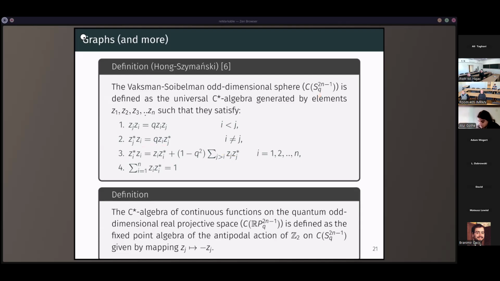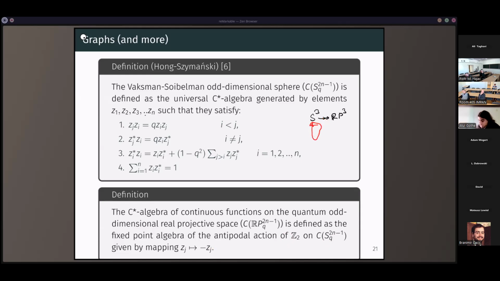And the C star algebra which corresponds to the real projective space, as with classically, we want to look at some fixed point subalgebra of this C of S_q^{2n-1}. So the fixed point subalgebra specifically under the antipodal action of Z2. So for instance, we have S2 to RP2, and S3 to RP3, because this map is defined by identifying antipodal points.